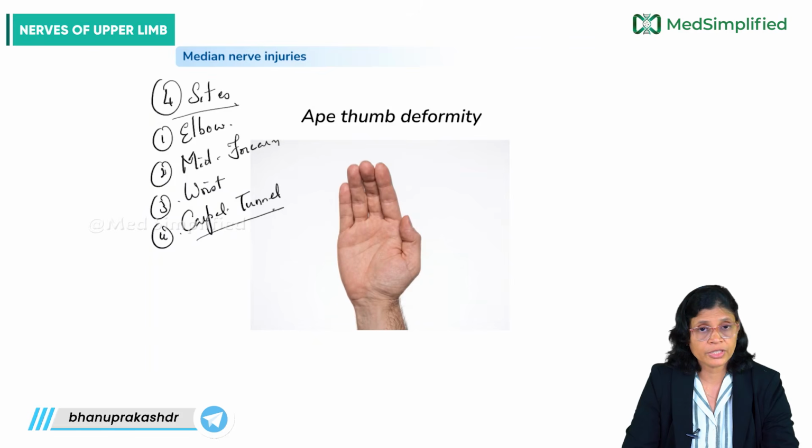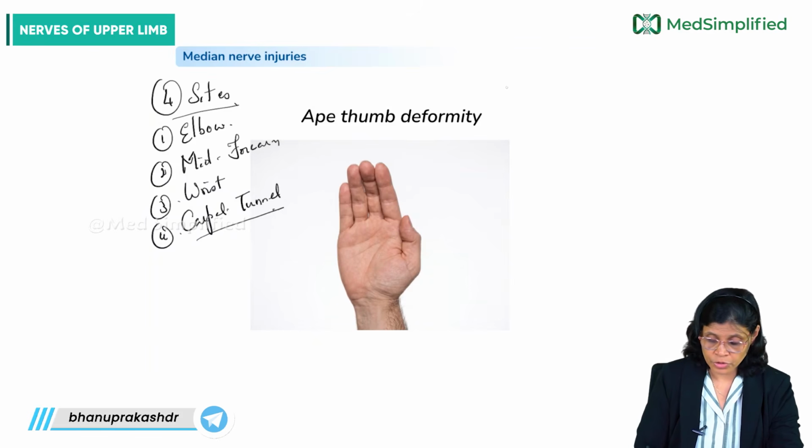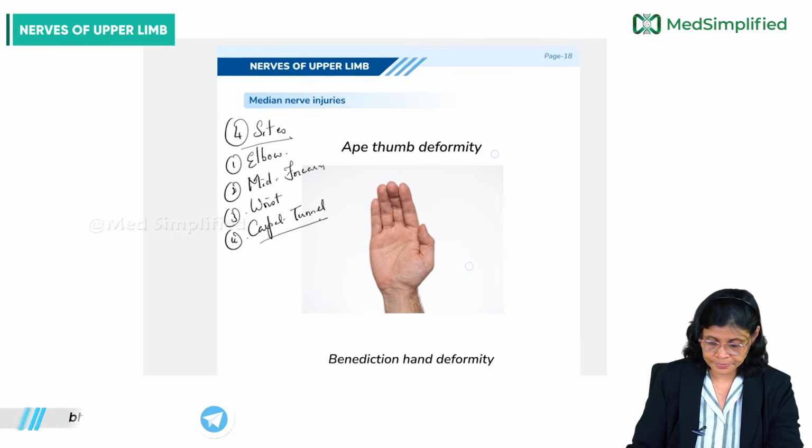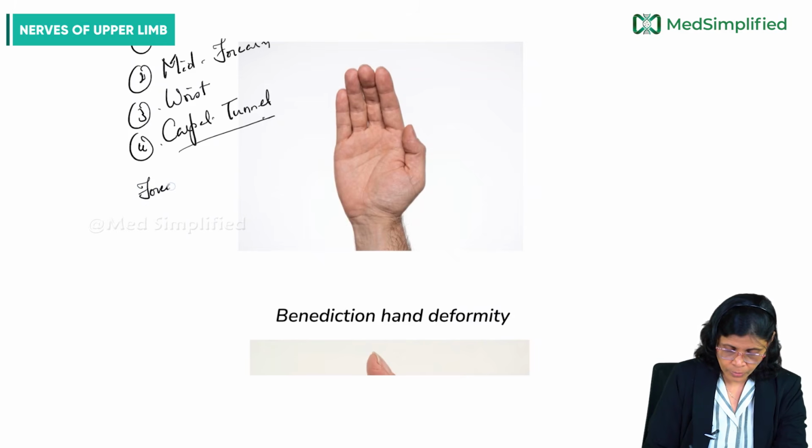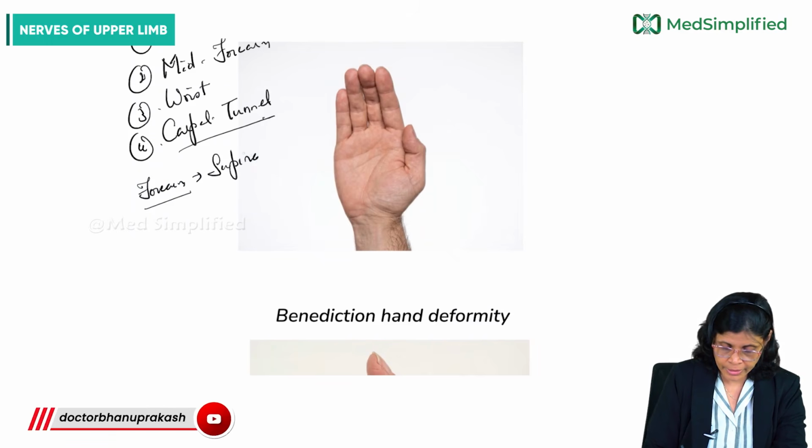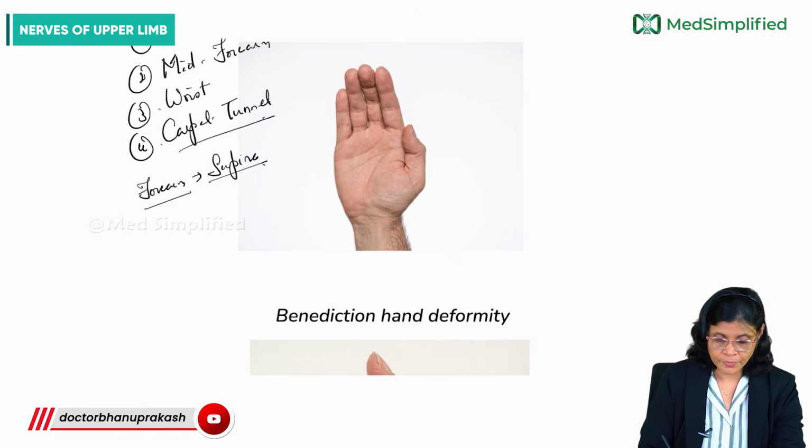So because pronation is affected, the forearm is kept in the supine position.